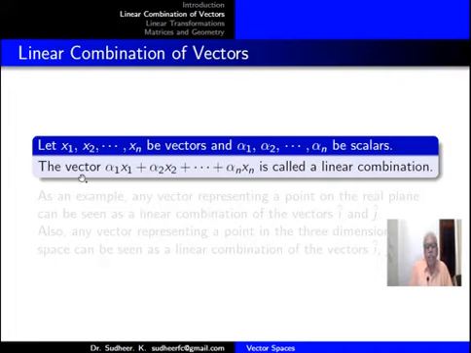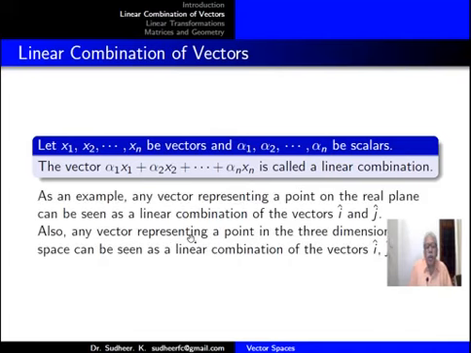So if x1, x2, etc. xn are vectors and alpha 1, etc. alpha n are scalars, then the vector alpha 1 x1 plus alpha 2 x2 plus etc. plus alpha n xn is called a linear combination.